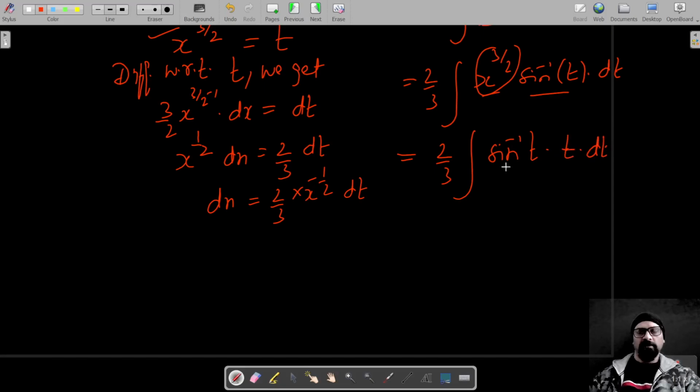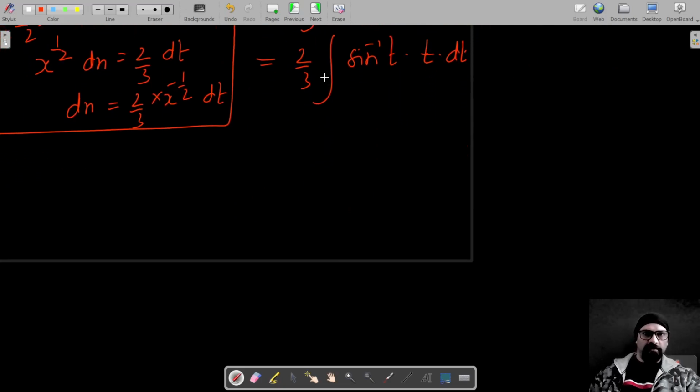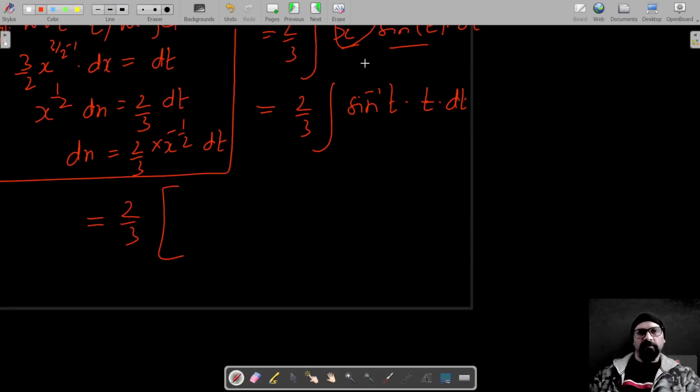So we are going to use the integration by parts method here. So this is our first function and this is our second function.